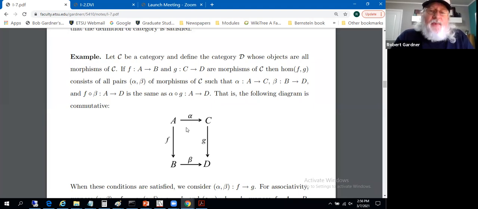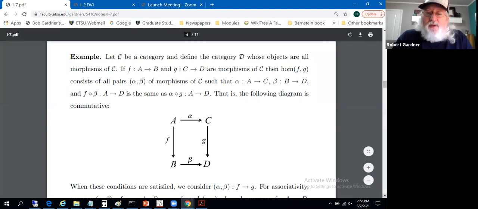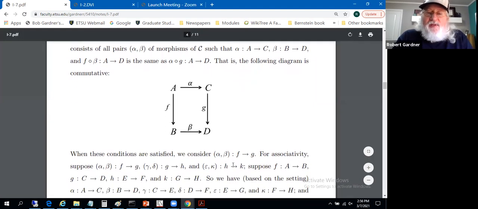If you will, alpha maps the domain of f to the domain of g, and beta maps the codomain of f to the codomain of g. So we're going to use this pair alpha beta, given at the bottom, to map morphism f to morphism g.